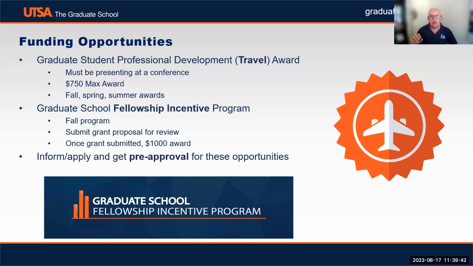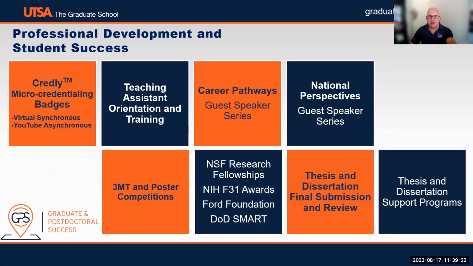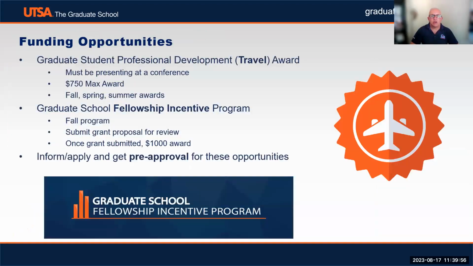proposal submission. If you, in fact, are involved with a faculty member and you work on a grant and submit the grant under one of these areas, NSF, NIH, Ford, Department of Defense, you can receive, just for submission, you don't have to be awarded, a $1,000 award.